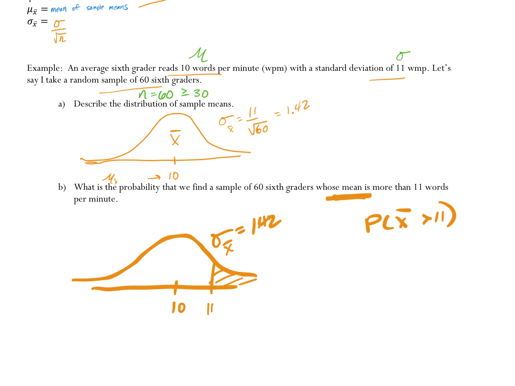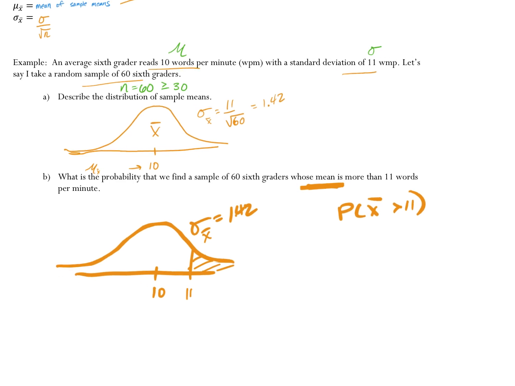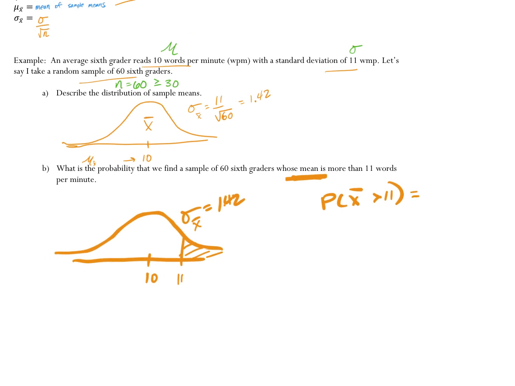My lower boundary 11, my upper boundary a gajillion, my mean 10, my standard deviation 1.42. How we feeling?